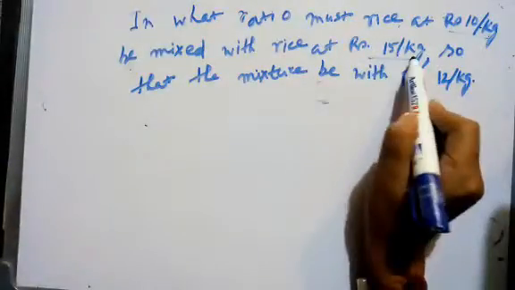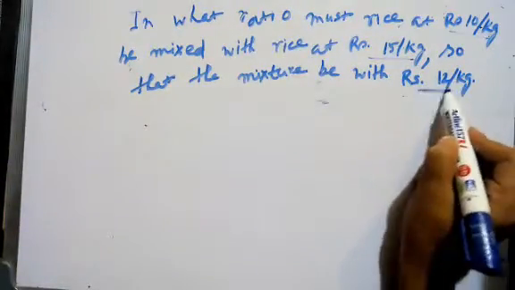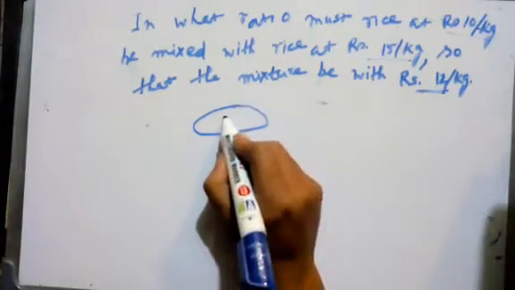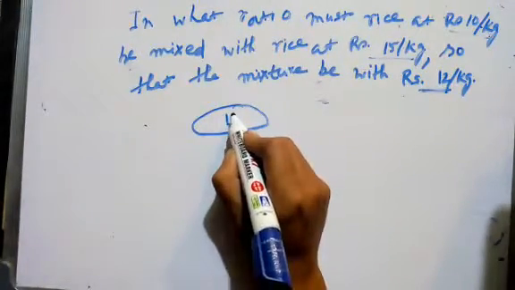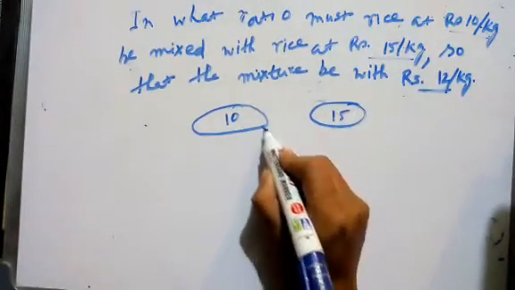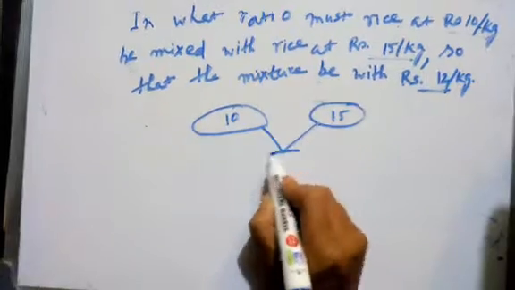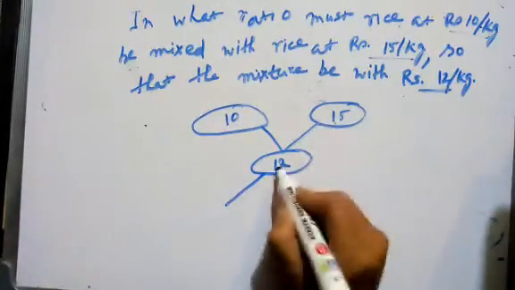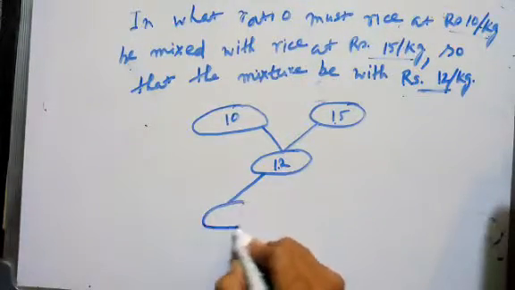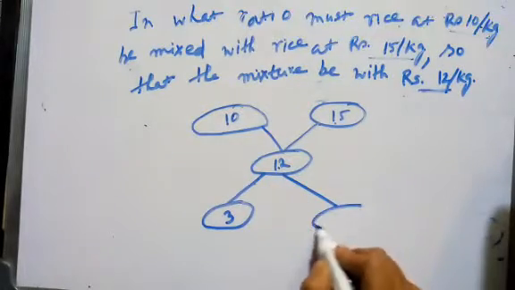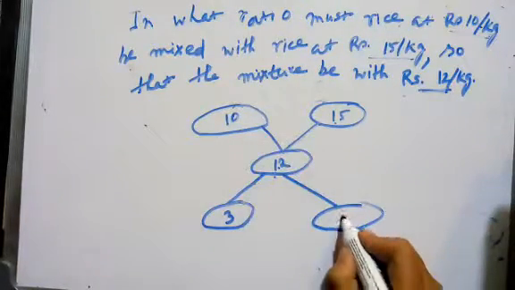So this is low cost, this is high cost, and this is mixed cost. We draw the alligation chart. Here 10 and here 15, and mixed cost 12. So 15 minus 12 is 3, and 12 minus 10 is 2.